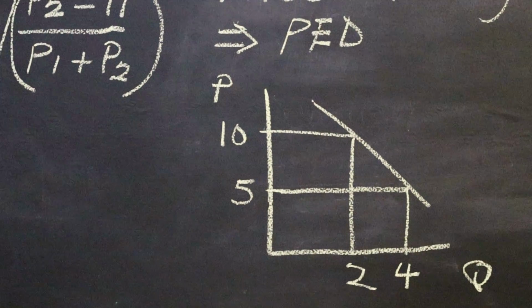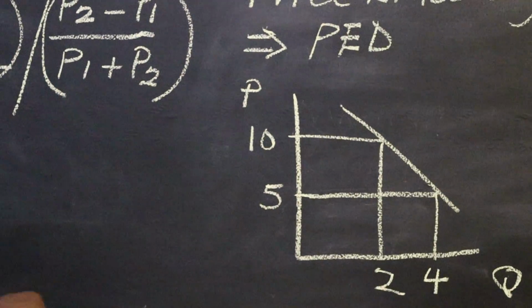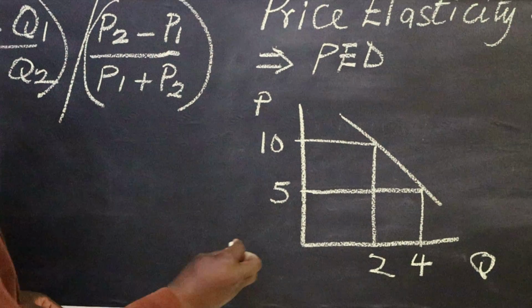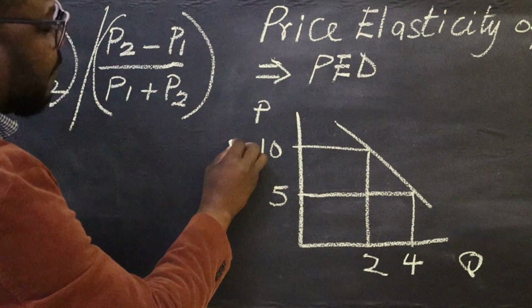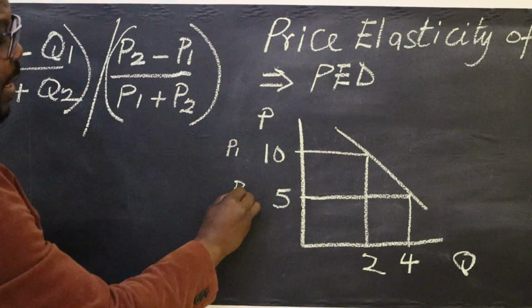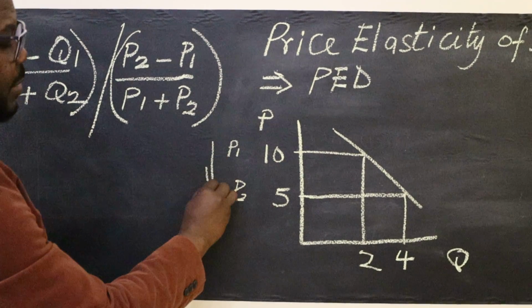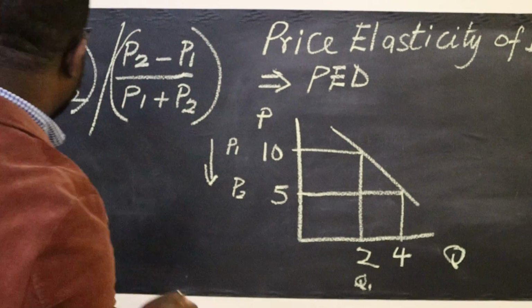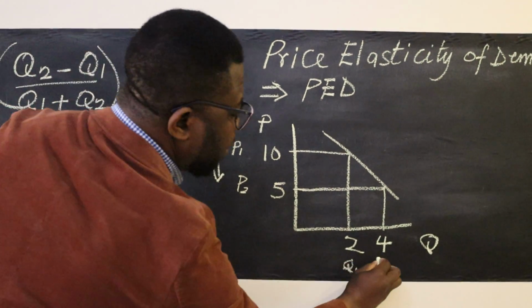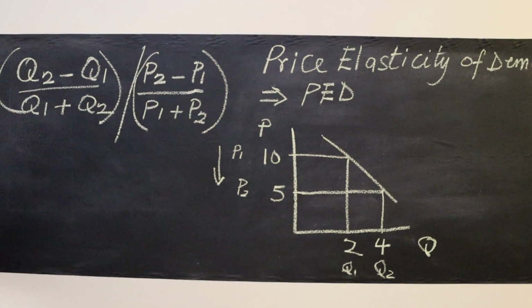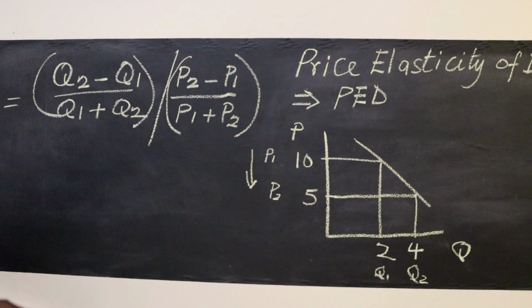Let's have a go. Starting from here, I can call this P1 and this P2. You can see the price has decreased. I can call this Q1 and this Q2. Let's put those values into our formula.